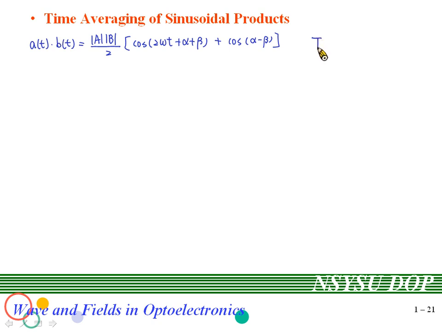The period defined here is 2 pi over omega. So the time average can be written as this. This means that you perform the time integral from 0 to T and divide it by the period, then you can find the time averaging result.